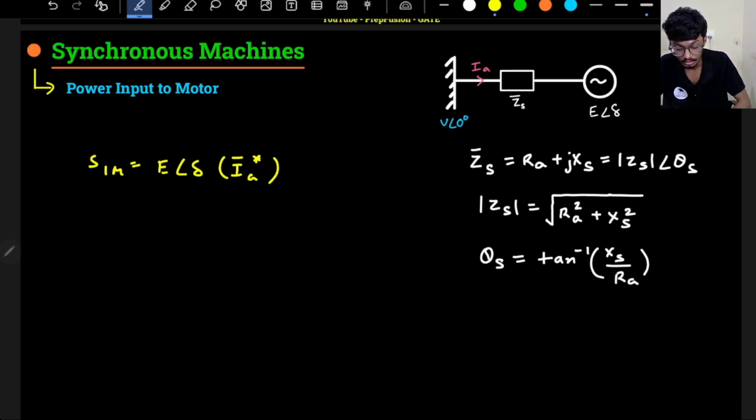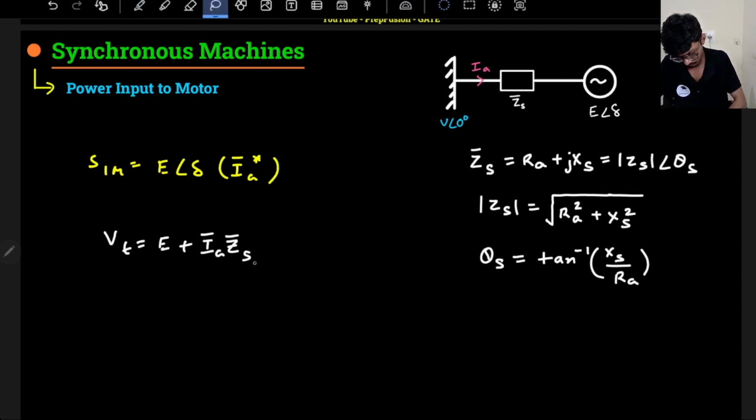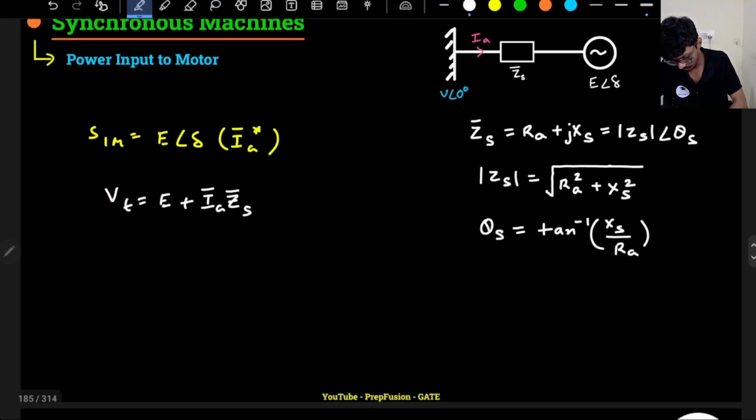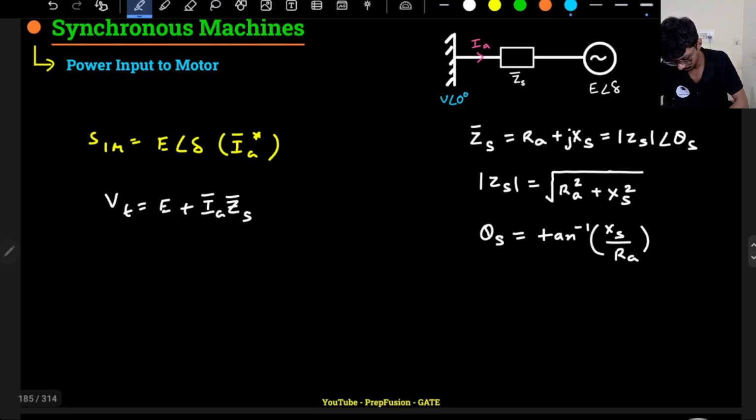What will be I_A? We will use this equation: V_T equals E_F plus I_A Z_S.